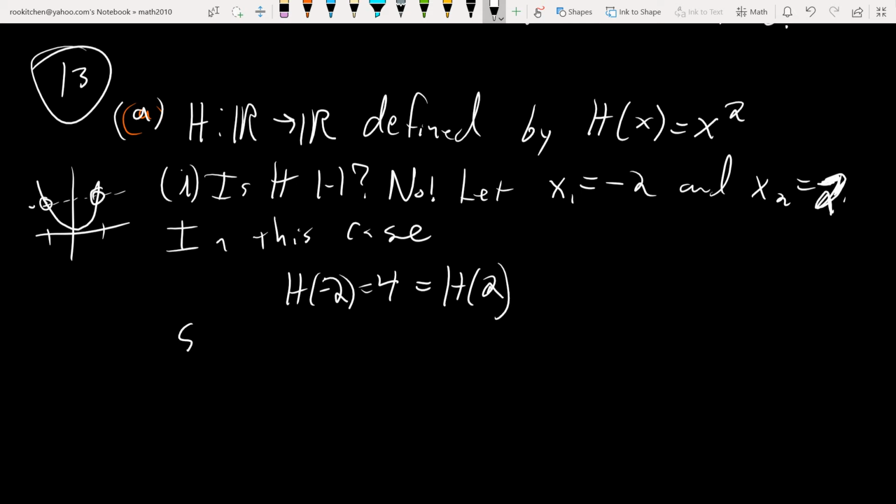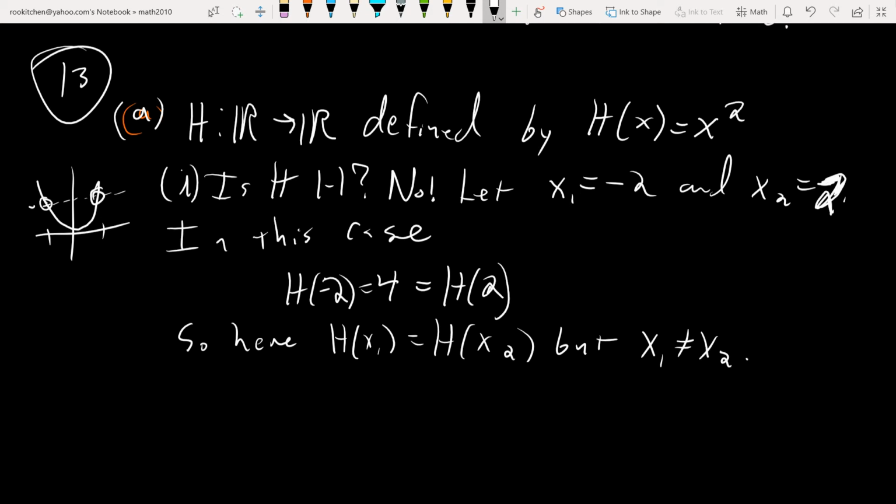So here we have h of x1 equaling h of x2, but x1 does not equal x2, which fulfills the definition for not being 1-to-1. So hence it's not 1-to-1.